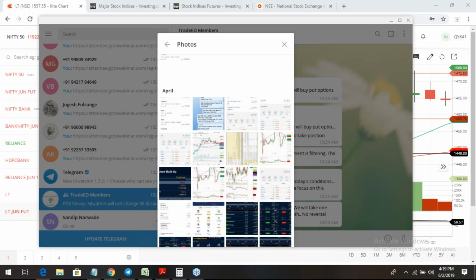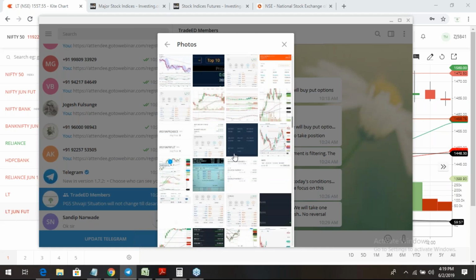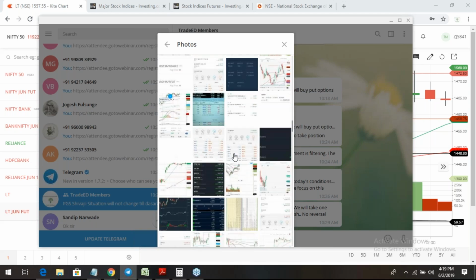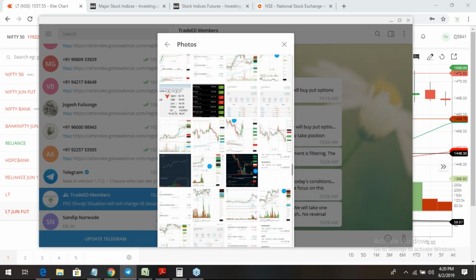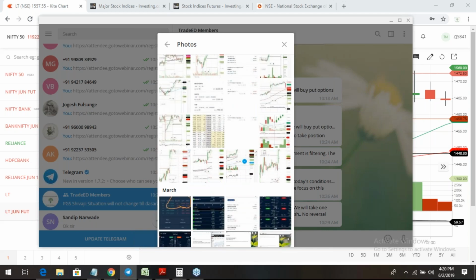SBI, on what date? On that day I also missed this opportunity and the stock moved. What date? 31st of March.